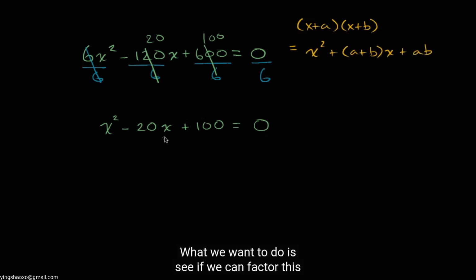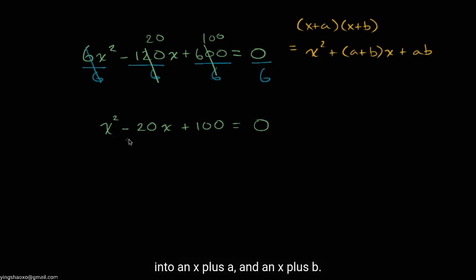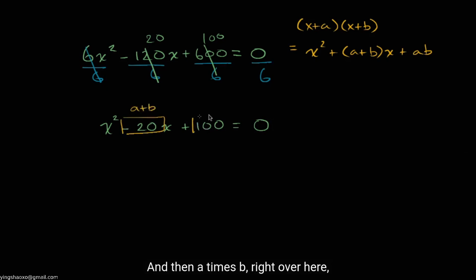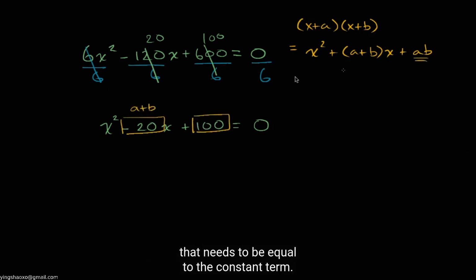And so what we want to do is see if we can factor this into an x plus a and an x plus b. And so a plus b needs to be equal to negative 20. And then a times b, right over here, needs to be equal to the constant term.